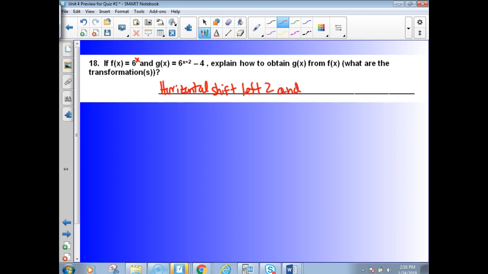And a vertical shift, down 4. What a weird word, down. Okay. That's it. Any questions?